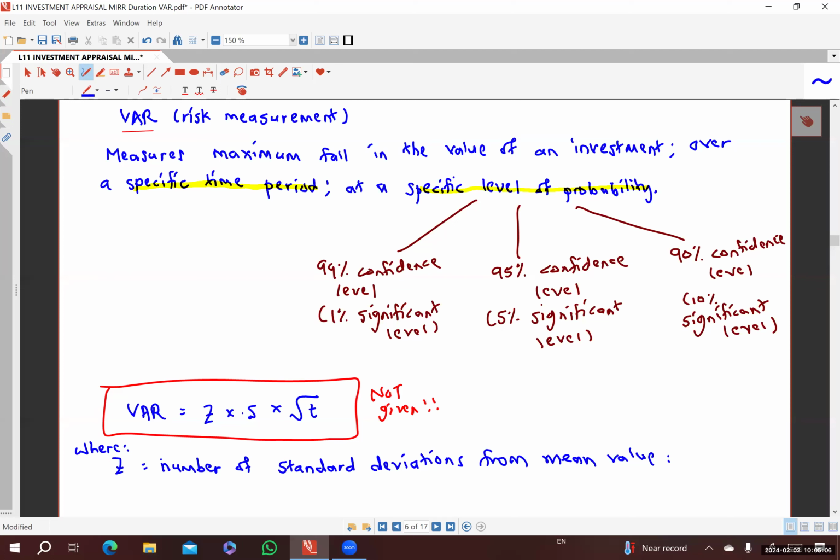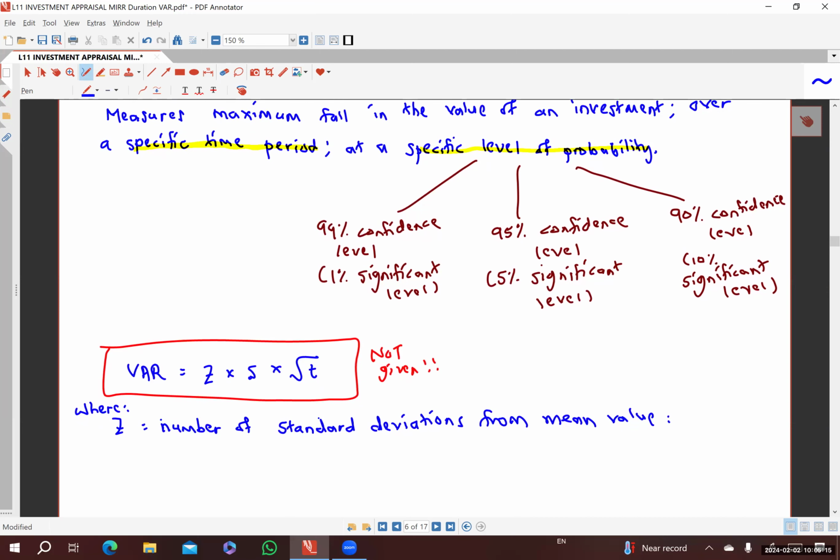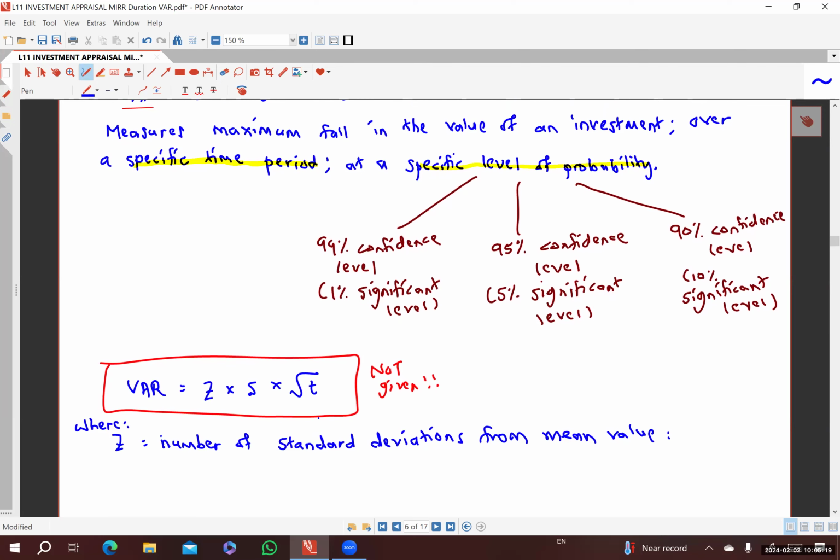S is standard deviation. T is time. Now, how do we find this z-score? This score is the number of standard deviations from the mean value. So how do we find it?